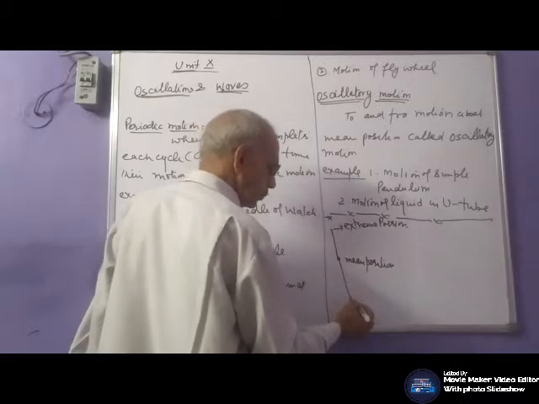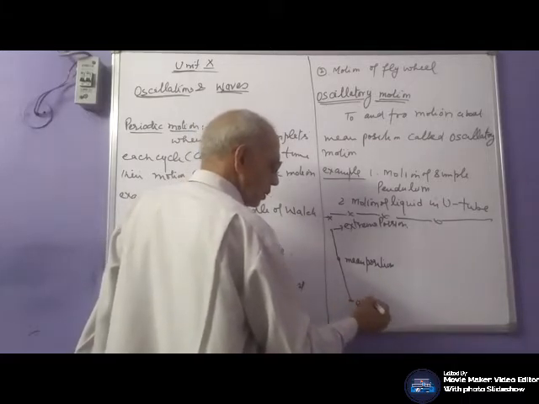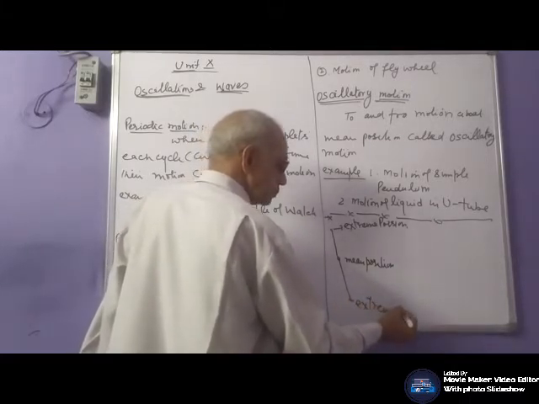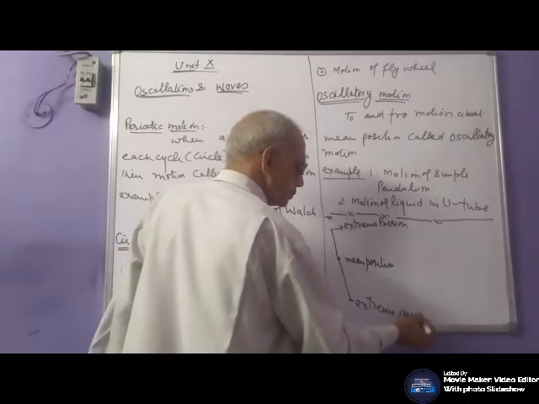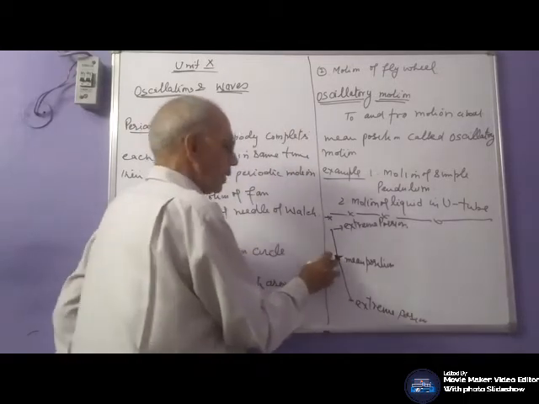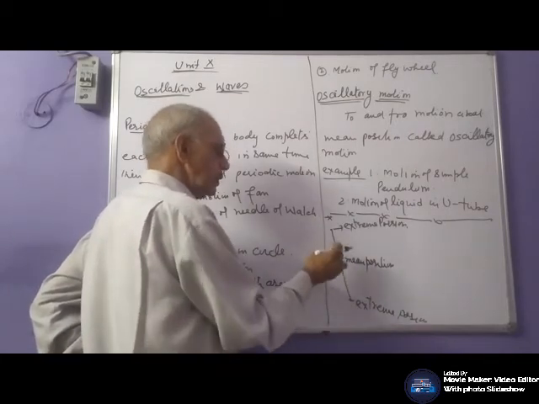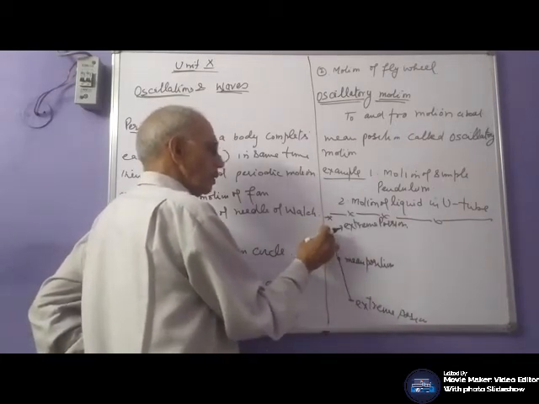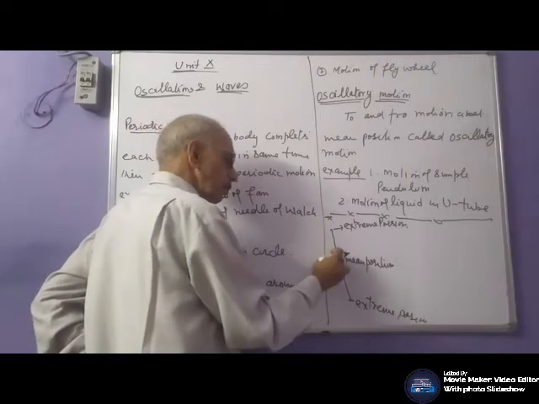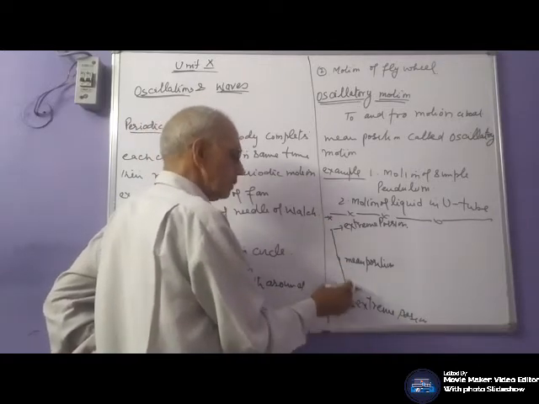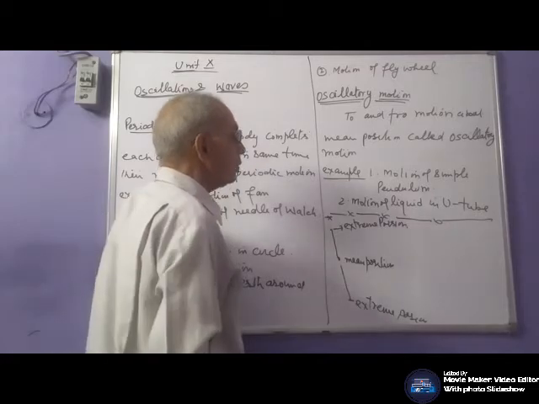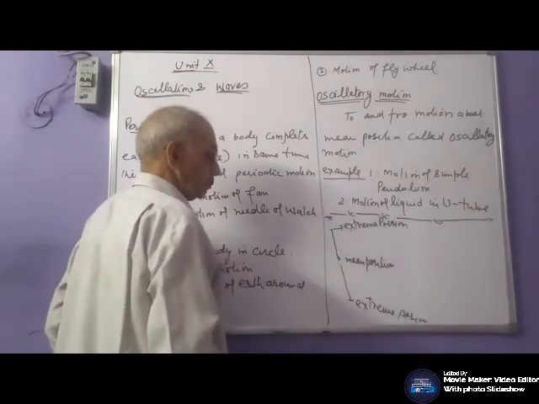Another side. Extreme position. This is a particle. It is oscillating about the mean position. Extreme, back to mean, then another extreme, back to mean. These are what? Oscillatory motion.